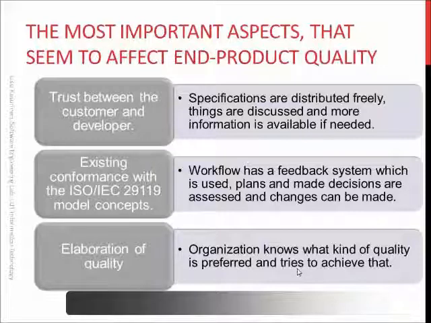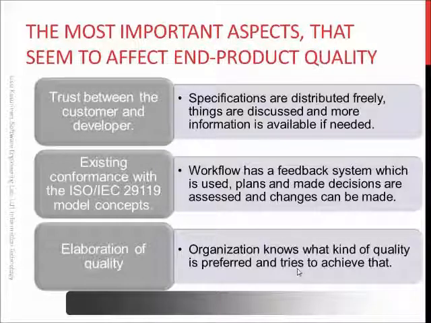So, following the 29119 model, which we discussed last week, where the organization has their internally set test strategy and test policy, and the projects have their own test plans and all the other activities. And we also had a definition for quality being the eight different attributes, which combined are the end product quality.